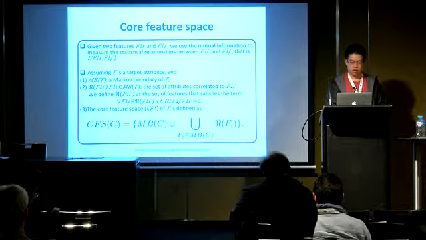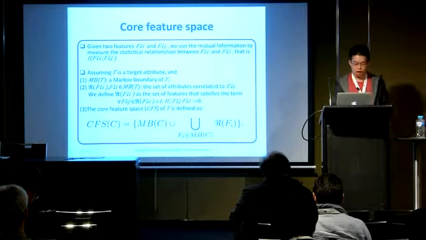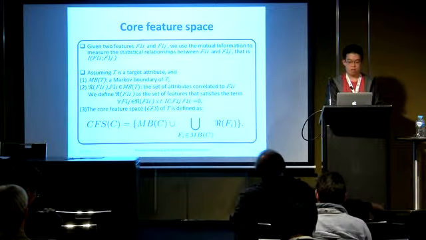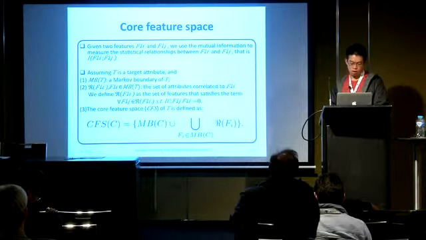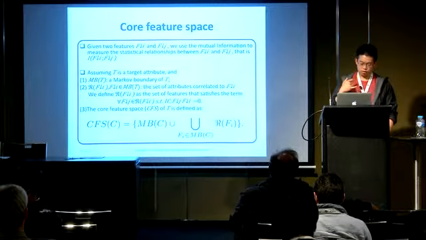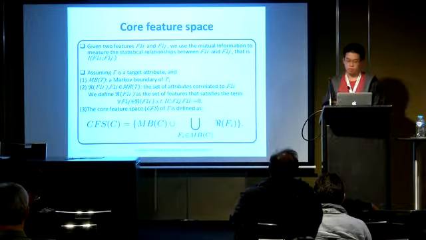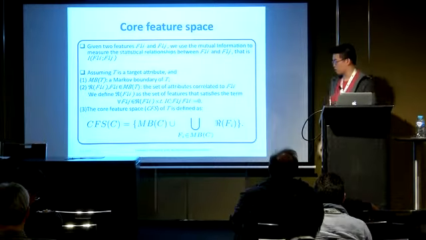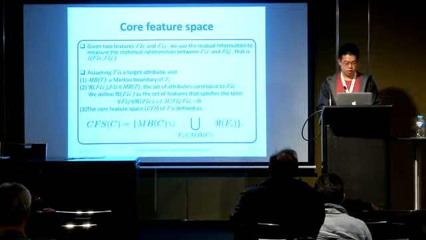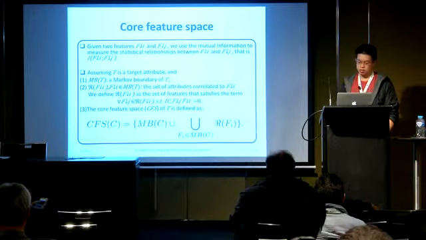And this means that R of F sub i is a set of features that satisfies the condition such that for all F sub j in groups that are part of R of F sub i, the mutual information between the subsets of each F is equal to 0. And then after doing this, we find the core feature space, which is defined as the union of each of the separate feature sets.